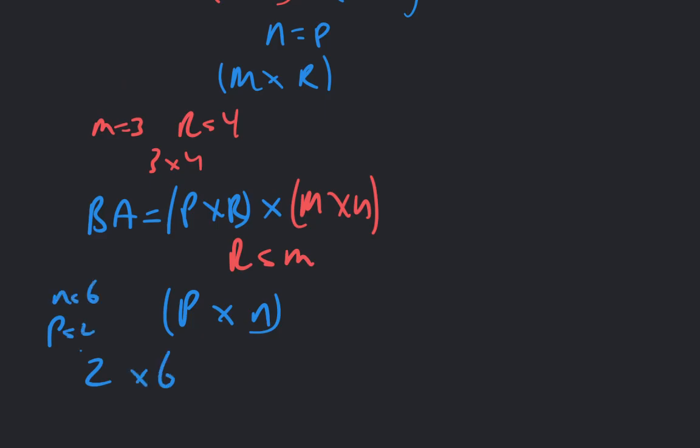So that'll give us a 2 by 6 matrix. But usually you'll see like 2, 3, maybe 4 max.